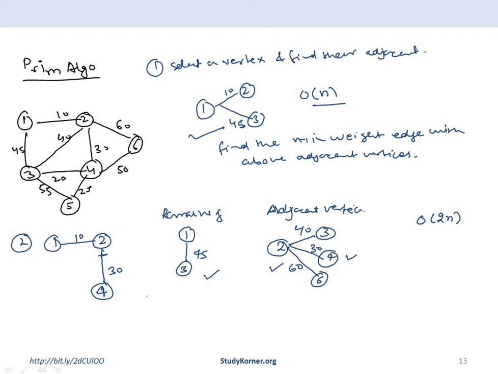When you add any vertex, the remaining and adjacent sets are updated. Now remaining is 1 to 3 with the cost 45, 2 to 3 with the cost 40, and 2 to 6 with the cost 60.